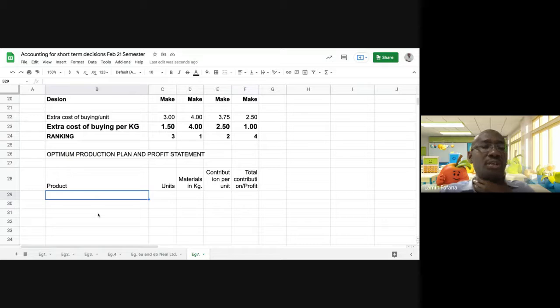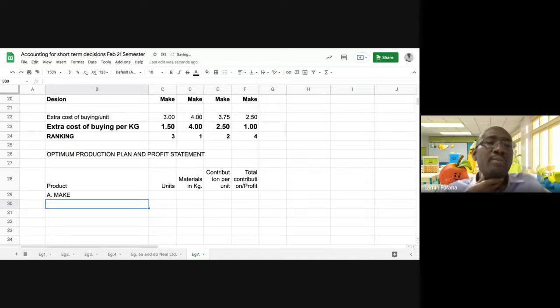So based on our ranking, which products should come first? Which products should be produced first? So the first part we're going to do is the make. So that means everything that we're going to do here will be the products that we'll make.